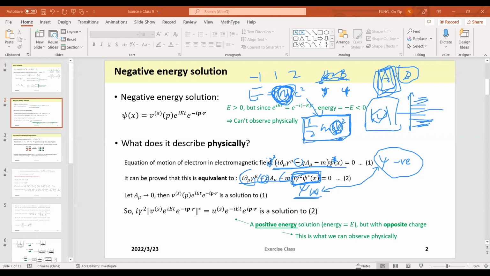Why? You can measure. I give you a bunch of particles, I ask you to measure the mass, and you can only give me a bunch of positive numbers. But the charge is the same. So a simple question: what does -1 apple mean?